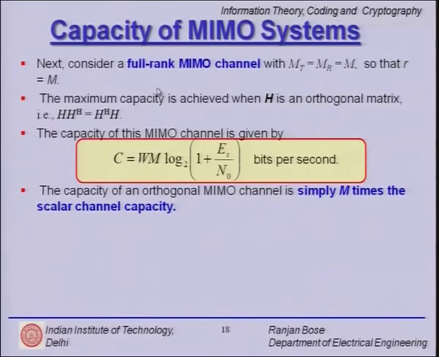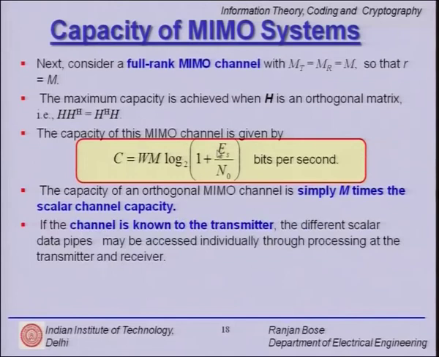So, here we have a full rank matrix, and H is an orthogonal matrix under this condition of orthogonality, and this leads us to the best possible capacity of a MIMO system, where C is given as this formula. What is it? It is simply M times the scalar channel capacity. Here we have assumed that number of transmit antennas is equal to the receive antennas is equal to M.